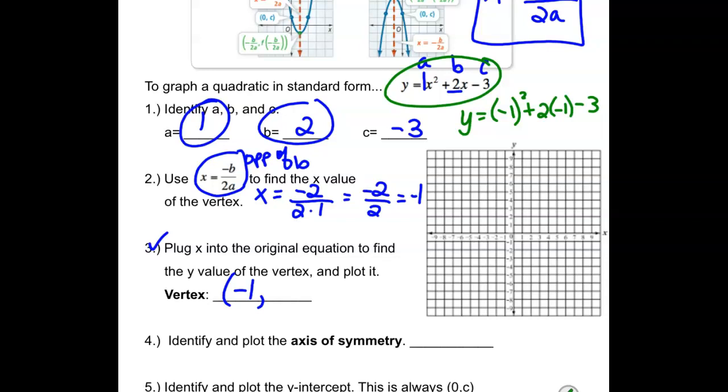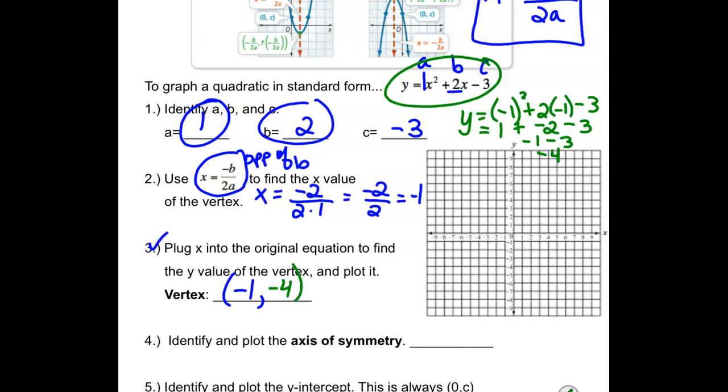Squaring a negative 1 means negative 1 times negative 1, which is positive 1. We are adding to that 2 times negative 1, or negative 2, and then subtracting 3. So 1 plus a negative 2 is negative 1, minus 3 more puts us at negative 4. So the y-coordinate of my vertex is going to be negative 4.